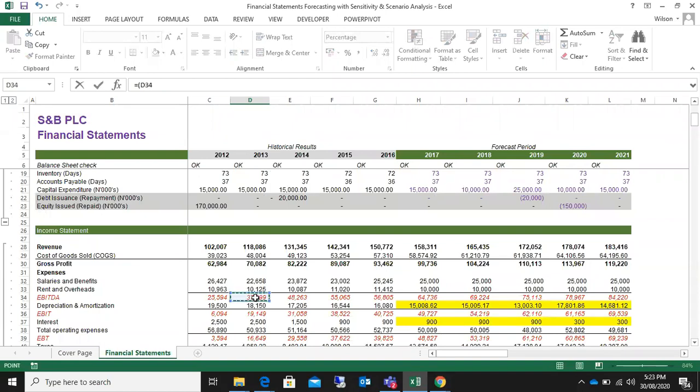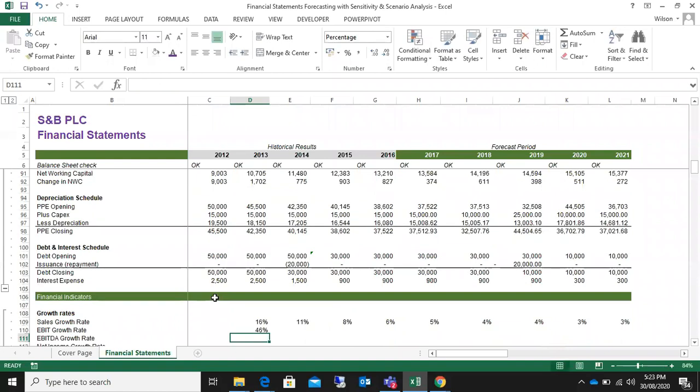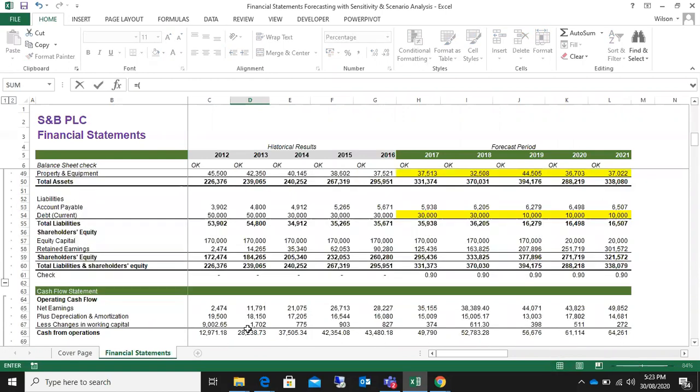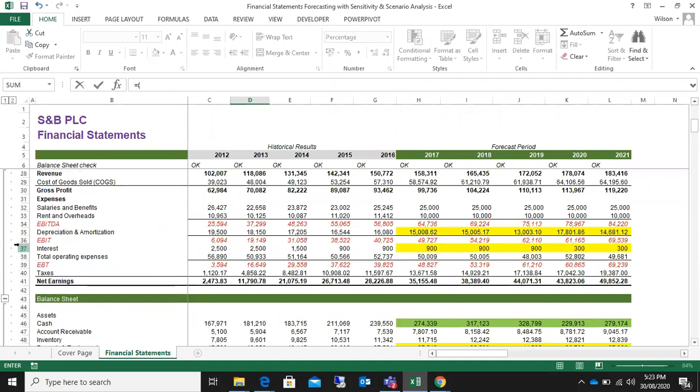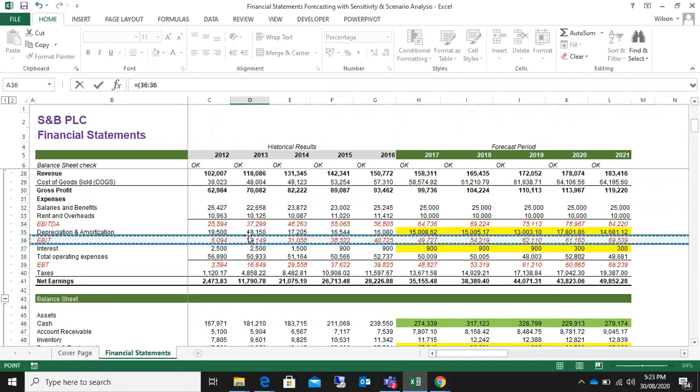New minus old, then divided by old. Let's see, obviously we may not be picking the right thing. Did I just pick EBIT or EBITDA? I think I just picked EBITDA. Let me be sure I picked the right thing. This is EBIT, so we are picking EBIT.